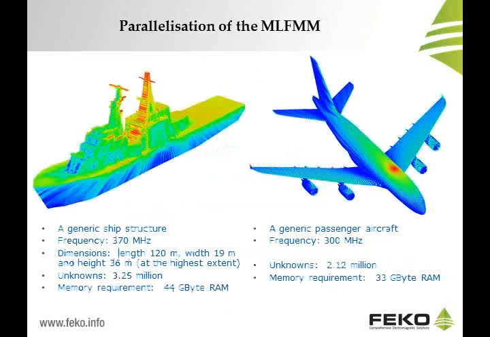Moving back to the multi-level fast multipole method, you saw the earlier motivation with the ship that instead of 1,000 years we can solve it in about 2 hours. Also there it's quite a challenge to get it parallelized efficiently with the different phases of the solution process, and in particular we, or rather our customers, solve very general problems.